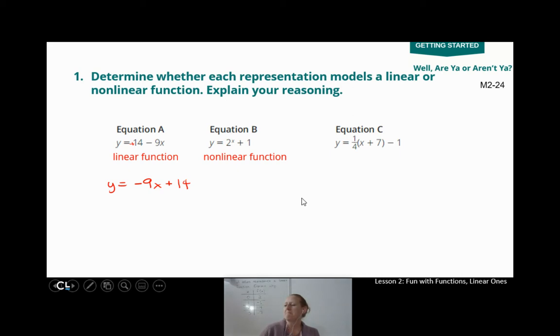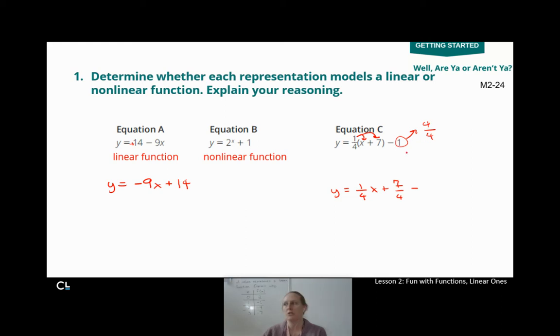Equation C. You know, equation C, I had a little rough time because I was like, well, it's not exponential, but I don't like the form. So you know what? I kind of did a little bit of work here. 1/4 times x, I did some distribution, so it's 1/4 x. 1/4 times 7 is 7/4. And I do want to combine my like terms, so maybe instead of 1, I could rewrite that as 4/4, right?